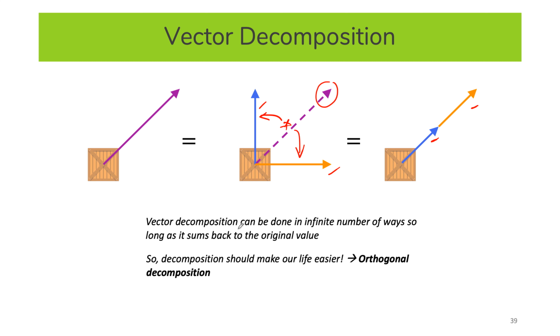So now you can see that vector decomposition can be done in an infinite number of ways, so long as when you sum it up, it comes back to what it started with. So the choice of decomposition is actually up to you, but it would make sense to pick the one that makes our life easier. And in this lesson, we are going to learn about decomposition in an orthogonal way.